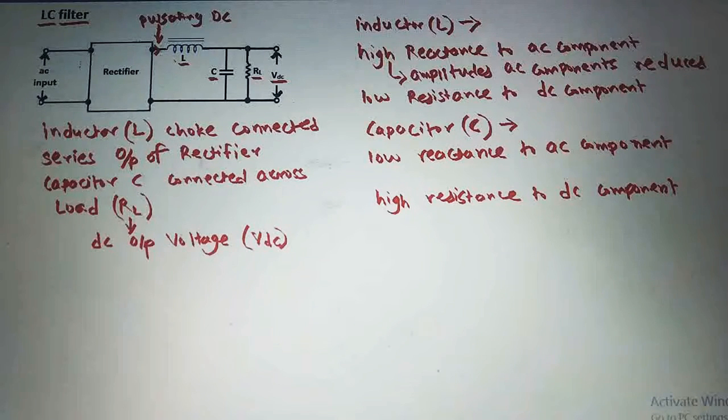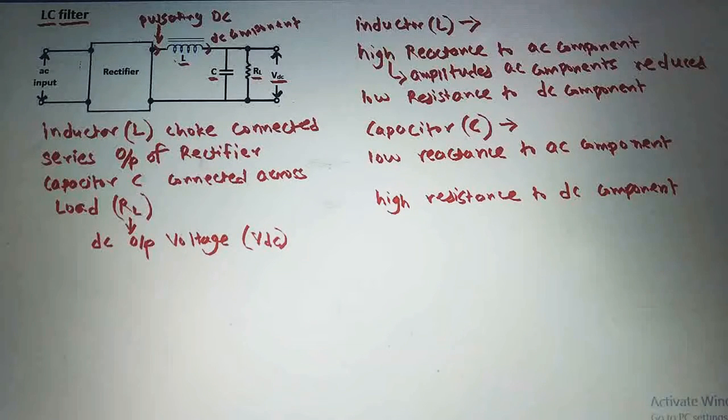If this output is given to this inductor, then what happens? Inductor offers high reactance to the AC component. That means it will block the AC component, but it has a low resistance to the DC component. Because of that, the DC components can pass through this inductor. But a small amount of AC component still passes through this inductor.